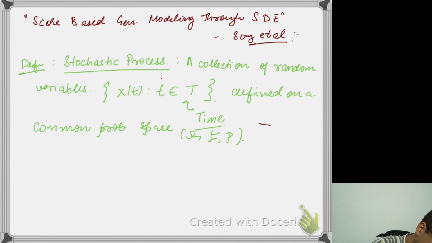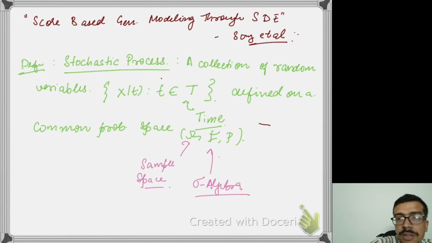As you might know, Omega is the sample space, F is a sigma algebra, so it's a collection of sets which are closed under unions, intersections, complements, and it contains the empty set and the full set. And P is a probability function: to every element in F it assigns a probability value, and the probability of the entire set is 1.